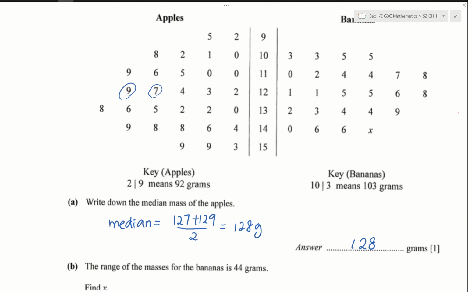How will you find X? The range is 44. Range is biggest minus smallest. Biggest minus smallest must be 44. Then how do you present your work?